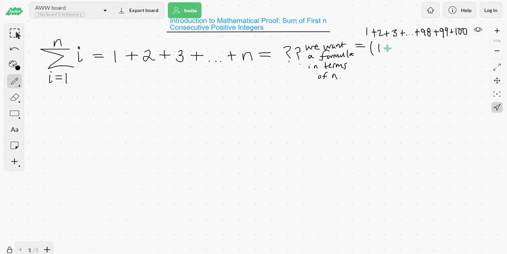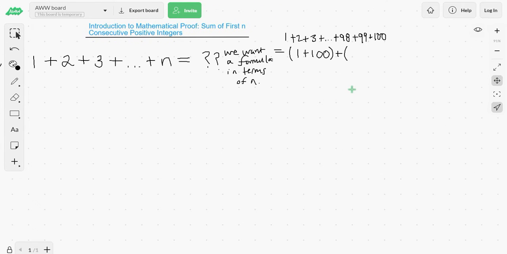We can pair up terms in the following way. We can say this is the same thing as 1 plus 100 plus, let me pan to the side a little bit more, 2 plus 99, so notice how I'm pairing things off, plus 3 plus 98. Now maybe I'll put plus ... I should probably end the sum somewhere.